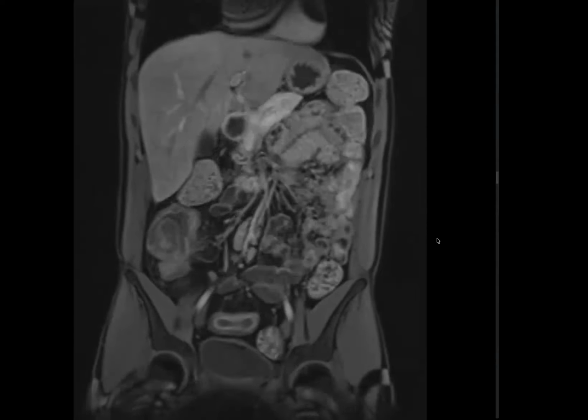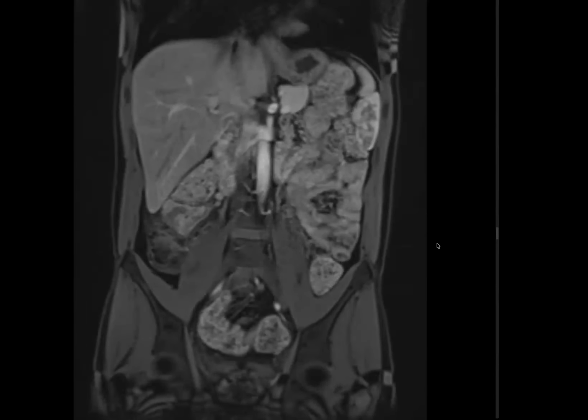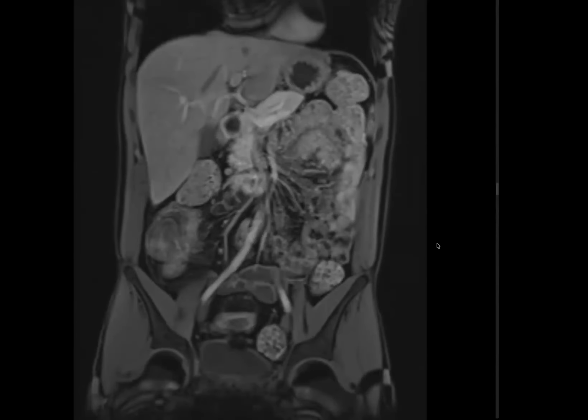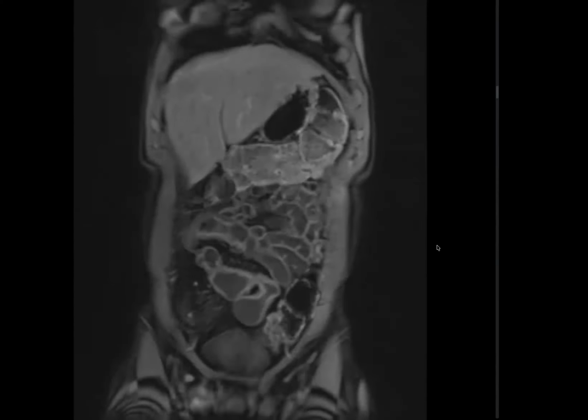I cannot see any eccentric wall thickening, and the wall thickening appears smooth and circumferential. There are a few reactive lymph nodes also. I can see a few areas of narrowing in intermittent ileal loops.